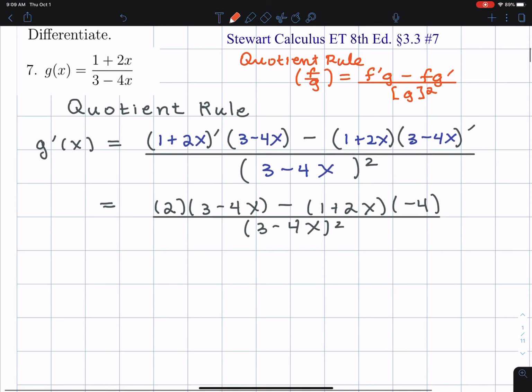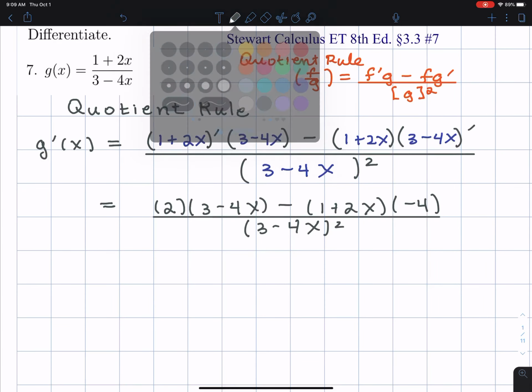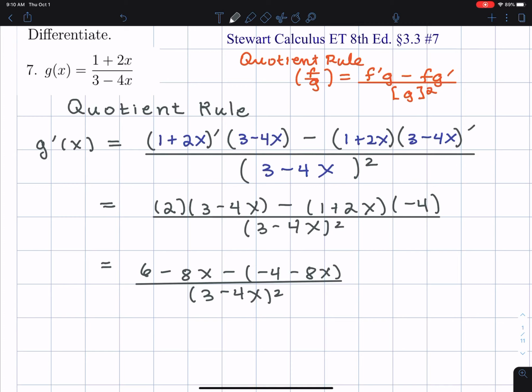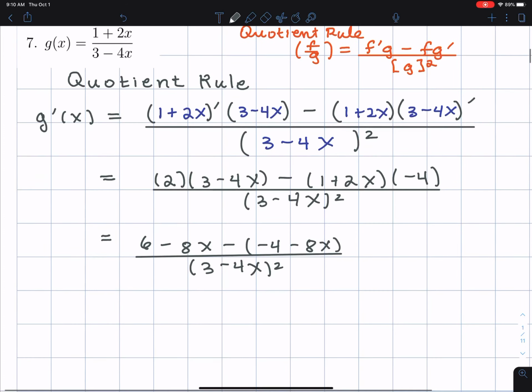Okay, so now I'm on the job of simplifying this using the distributive property, canceling things out, and so forth, trying not to make mistakes. It's a beginning algebra problem, but those can be difficult or tricky at least.